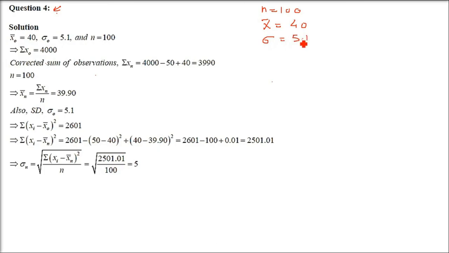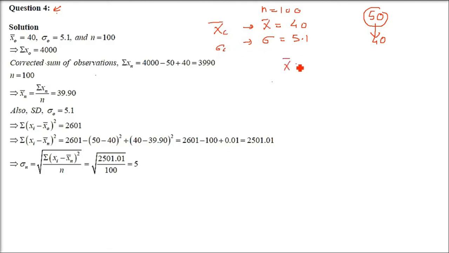But what he found later was that 50 was wrong and it was actually 40. The 50 is the wrong number, 40 is the correct one. So we have to find out the correct mean and correct standard deviation. That is x bar c and sigma c. I am writing subscript c for corrected.